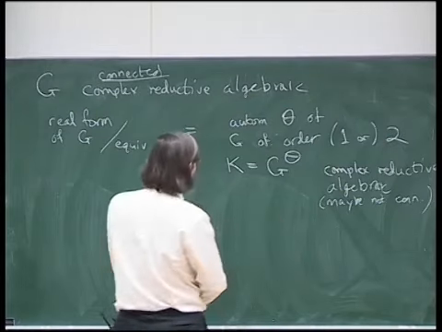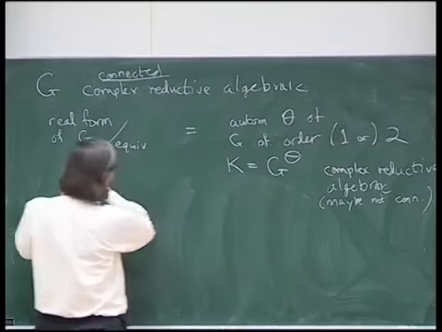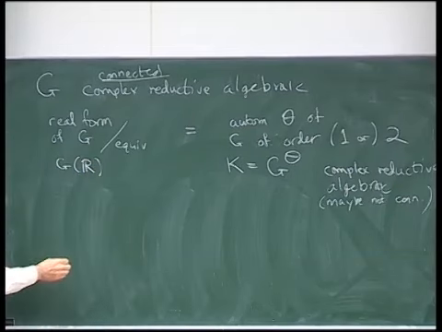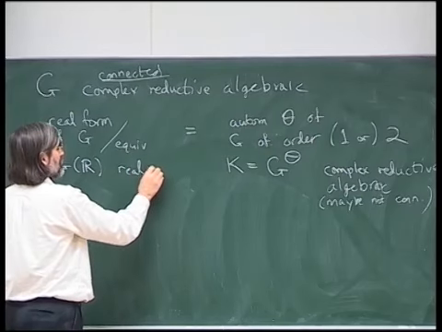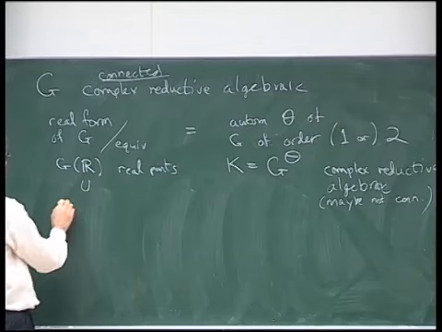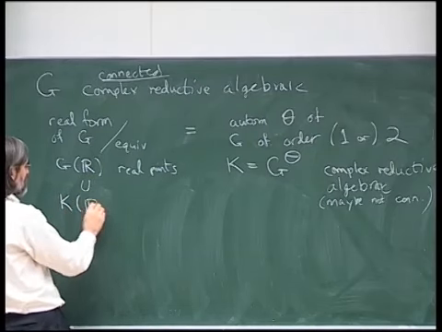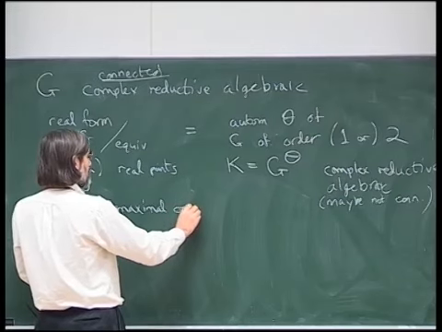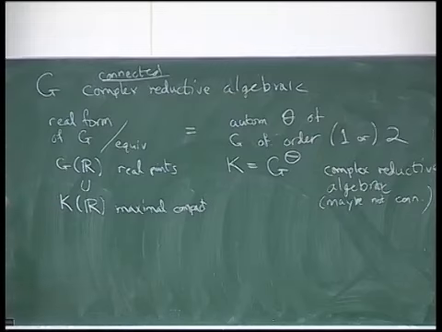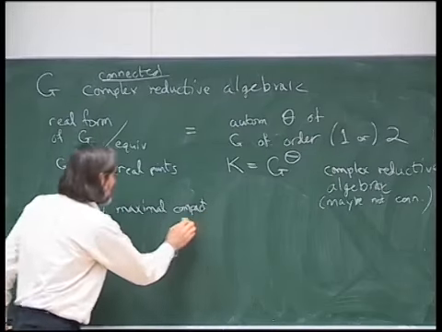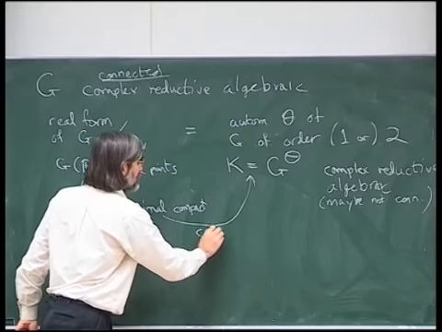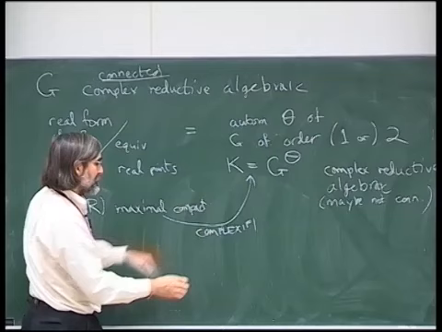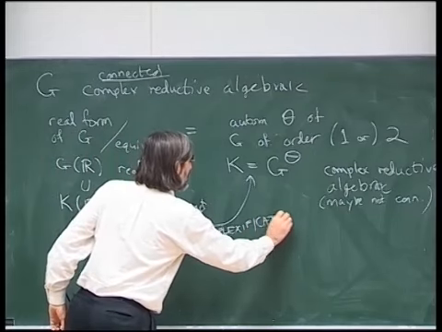And the connection between these two things is that if I look at the group of real points and take a maximal compact subgroup, then the operation that I explained of complexification of a compact group carries this maximal compact subgroup to this algebraic group.